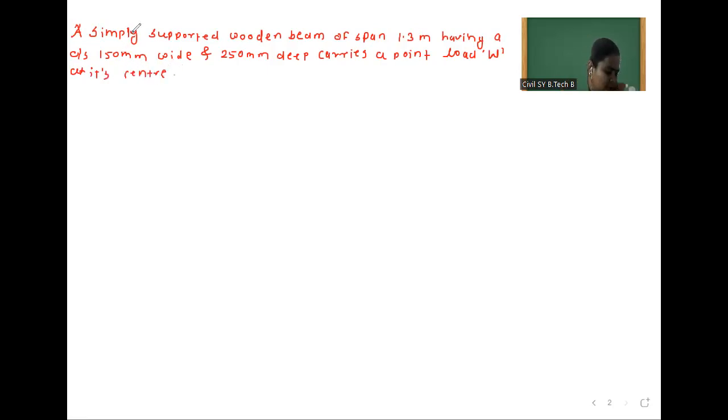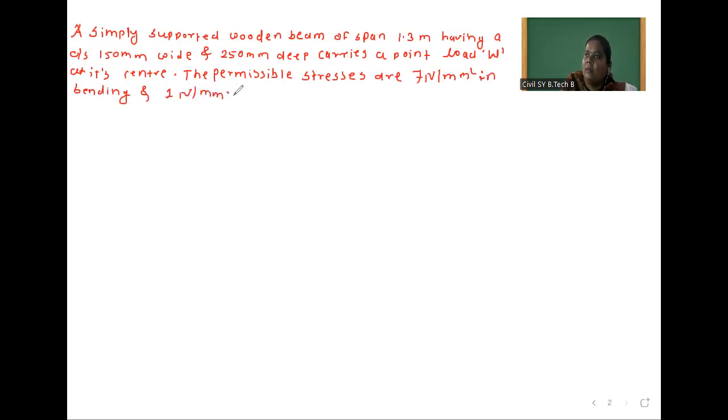Full stop. The permissible stresses are 7 Newton per mm square in bending, and 1 Newton per mm square in shear.